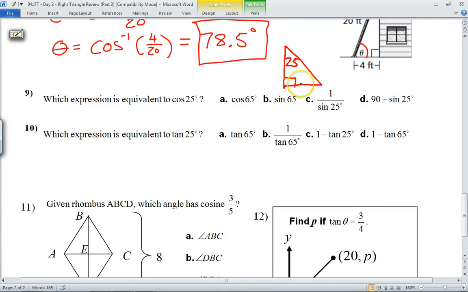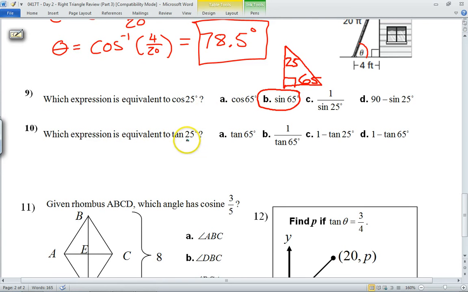The other angle is going to be 65 degrees. So we have to keep that in mind as we answer this question. Remember what we talked about earlier in the class? Cosine of one angle will always equal the sine of the other angle. So cosine 25 should equal the sine of 65. Boom. The answer to that one is going to be B.